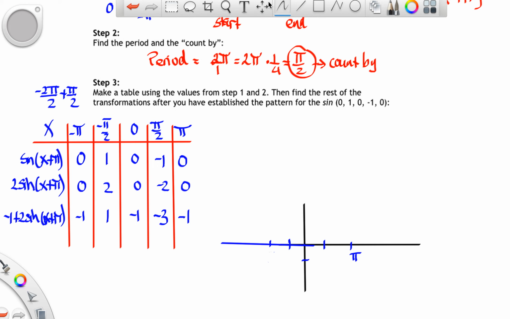Sorry, it's taking a while. So at a negative pi, we're going to start at a negative 1. I'm going to go up to 1, back to a negative 1, down to a negative 3, and then up to a negative 1 again. So I'll just mark that one over here. So negative pi.